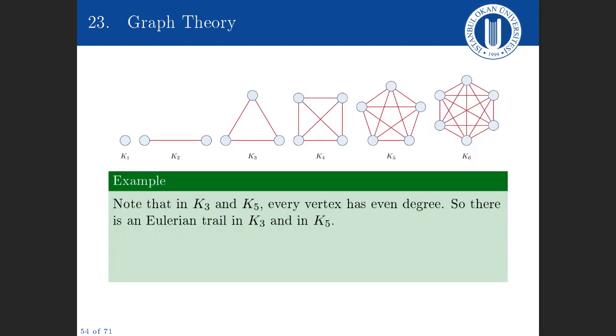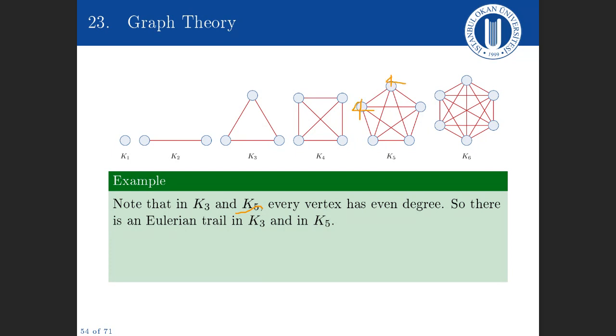Let's look at the complete graphs. In K3, first of all, the degree of every vertex is 2. Every vertex has an even degree, so that means there exists an Eulerian trail in K3. Likewise, if we look at K5, if we count the degree of every vertex, they're always 4.